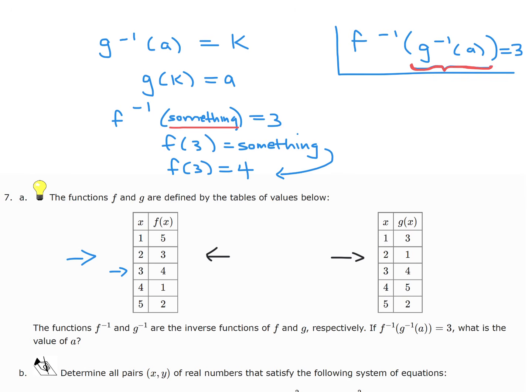So that basically means that f at minus 1, the whole thing in the bracket, is 4. Did you understand why? Something is equal to 4, and that whole thing in there is the equivalent of something. So that's 4 right there.